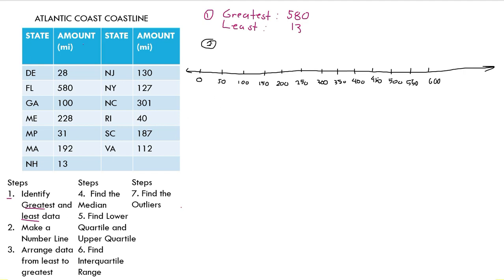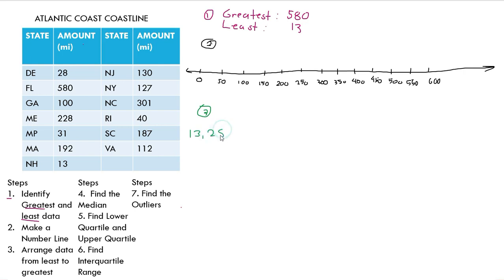Next step, step number 3, is to arrange the data from least to greatest. So let's rearrange the data. Okay, so we have our least number, which is 13.